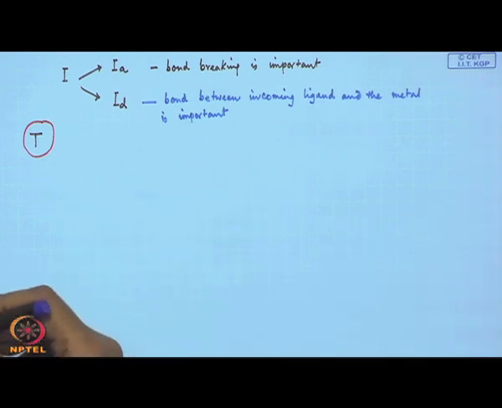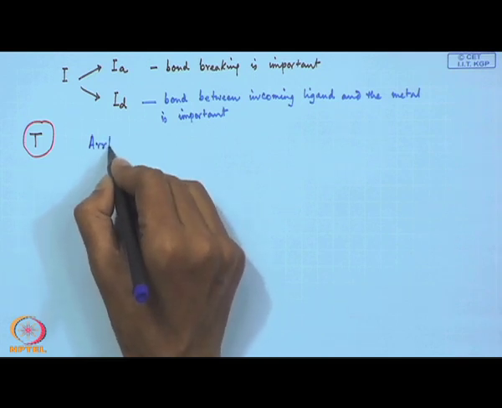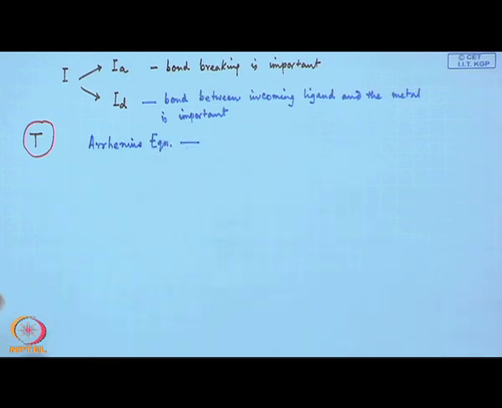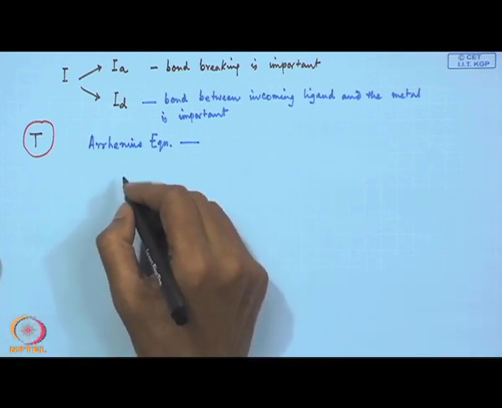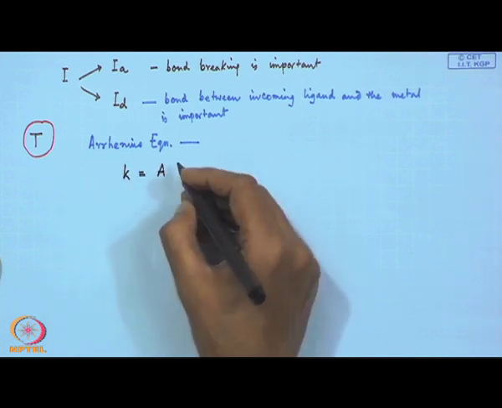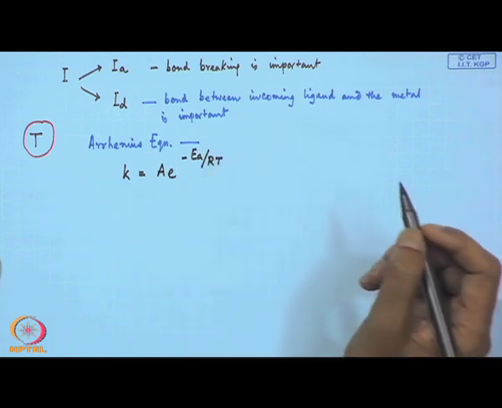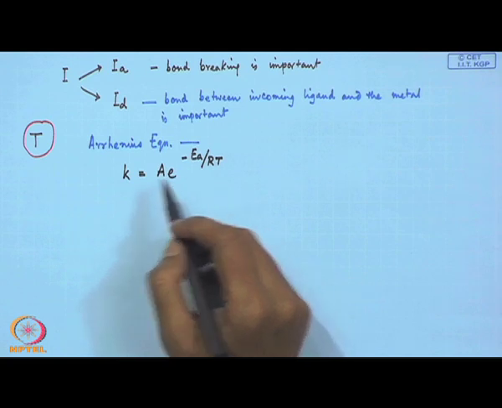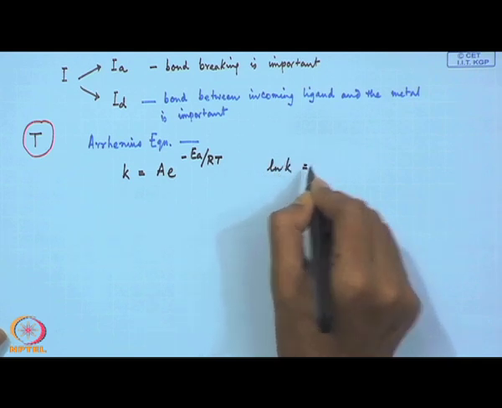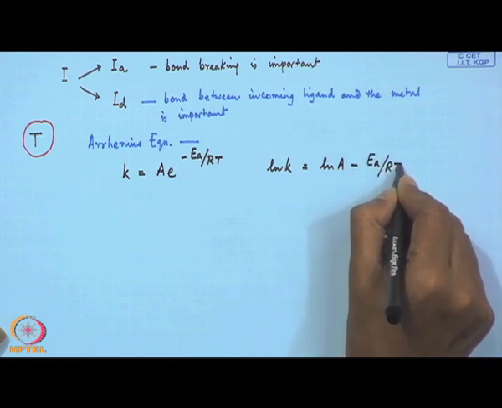Now, if we consider the temperature, we can have the Arrhenius equation, where the rate of the reaction K is equal to A e to the power minus E A by R T. E A is the energy of activation, K is the rate constant and A is the constant, or ln K is equal to ln A minus E A by R T.